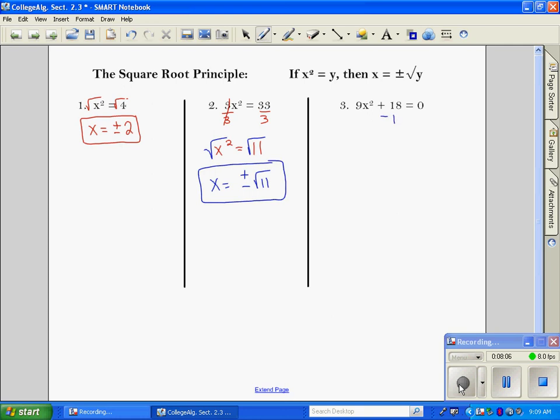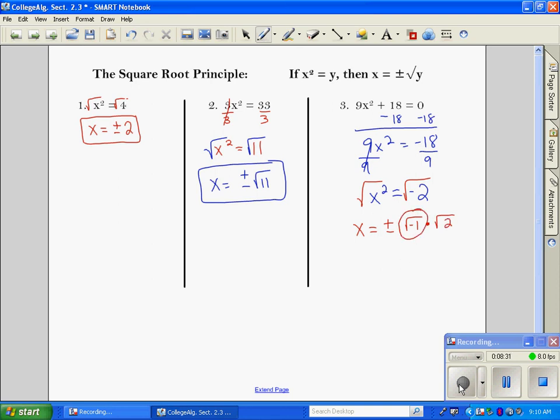Number 3, I need to move 18 to the other side, and then I have 9x squared equals negative 18. Divide both sides by 9, and I get x squared equals negative 2. Take the square root of both sides to undo a square, and you get x equals plus or minus, and that is written as negative 1 times the square root of 2.